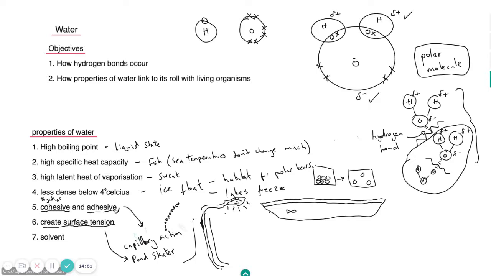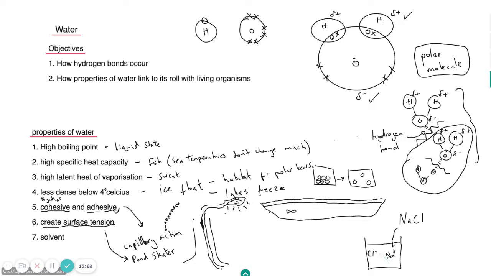So, for example, salt, which is NaCl, made from sodium and chloride ions. When that salt goes into a beaker of water, the Na+ is going to break away from the Cl-, and the Na+ is going to interact with the slightly negative parts of the water molecule, and the Cl- will interact with the slightly positive parts.